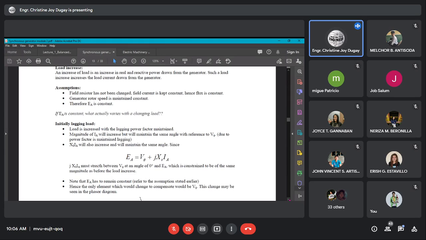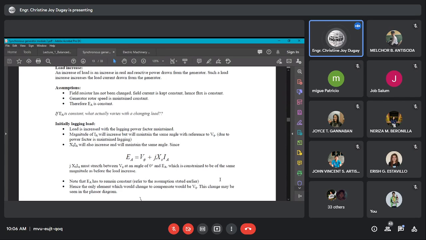Since EA is the total of V phase plus jXSIA, from the phasor diagram the jXSIA must be stretched between V phase and the angle of IA, which is constrained to be the same magnitude as before at the load increase. Note here that EA has remained constant.